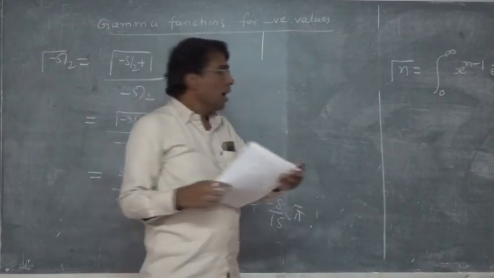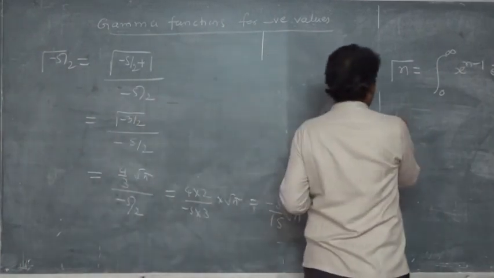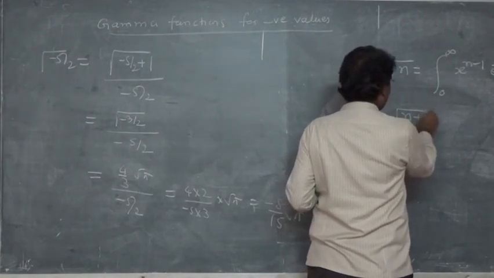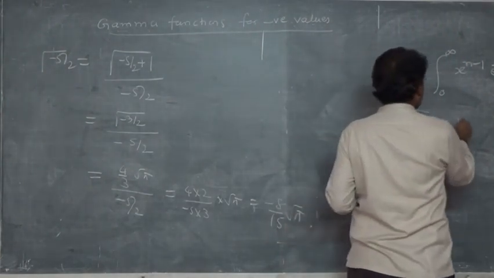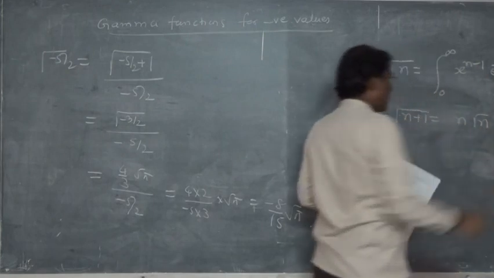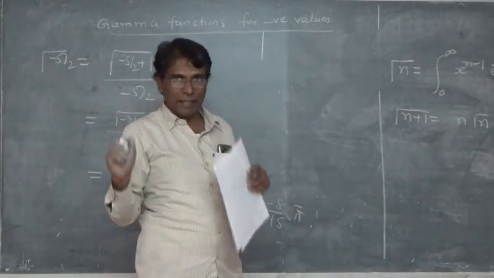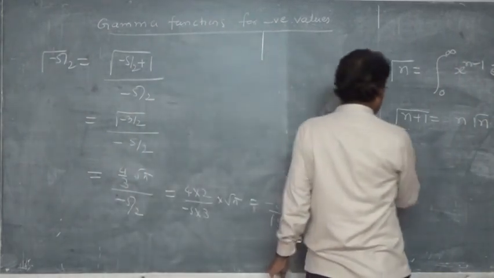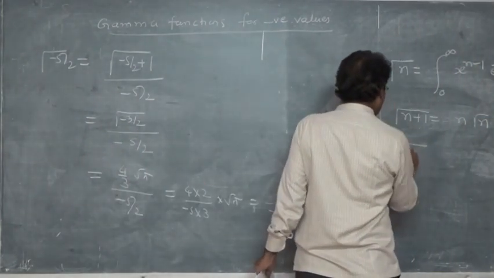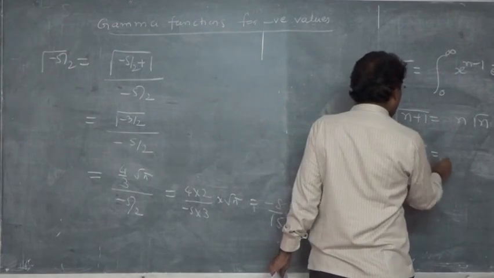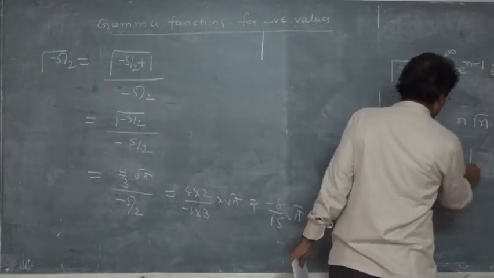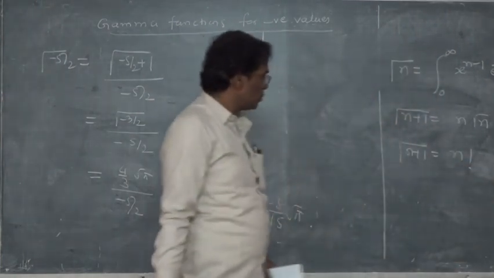Apart from this, the second is the recurrence formula we derived: gamma n plus 1 is equal to n gamma n. Then the third is gamma n plus 1 is also equal to n factorial.